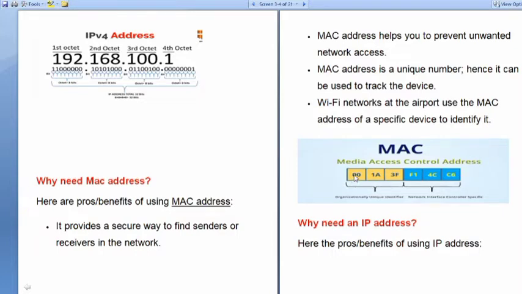Now let us say I want to name another device. 00:1A:3F will remain the same, whereas for the next device I can give F1, 4C, 67, C7. If I change this one also, the whole address gets changed. If I change this 6 to 7, it will be counted as a different Media Access Control address.